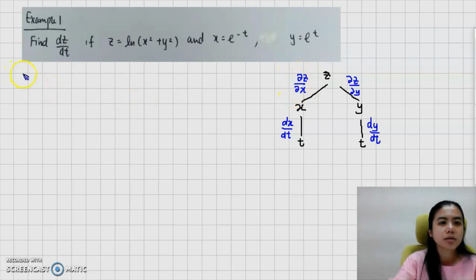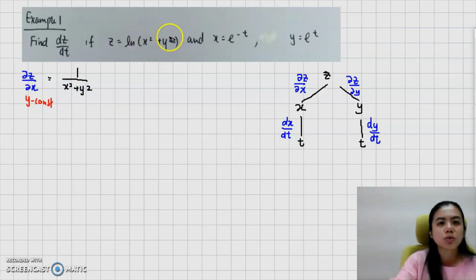Let's find del z del x first. If you're talking about del z del x, it means that you treat y as constant. So refer back to here. The formula for ln, if you differentiate, is 1 over g, where g is x squared plus y squared, and then multiply with g prime.